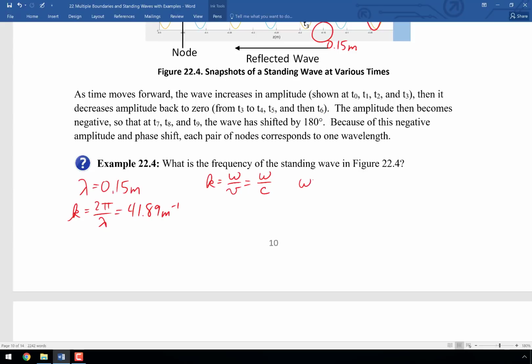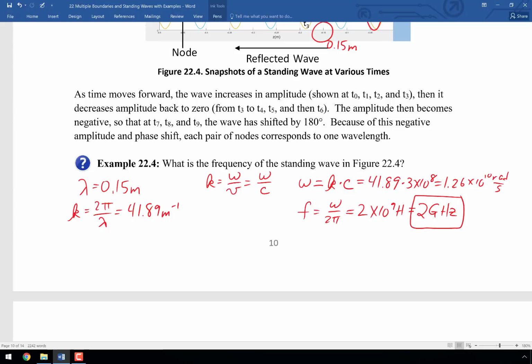So we can say omega is equal to k times c, which is going to be 41.89 times 3 times 10 to the 8th, and that works out to be 1.26 times 10 to the 10th radians per second. And f is omega over 2 pi, which is 2 times 10 to the 9th hertz, which is 2 gigahertz.